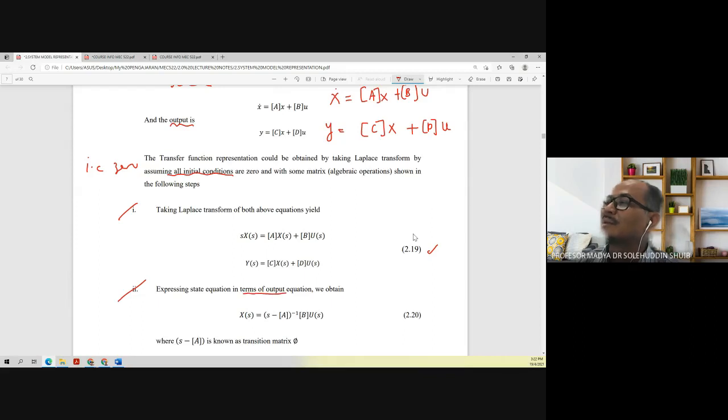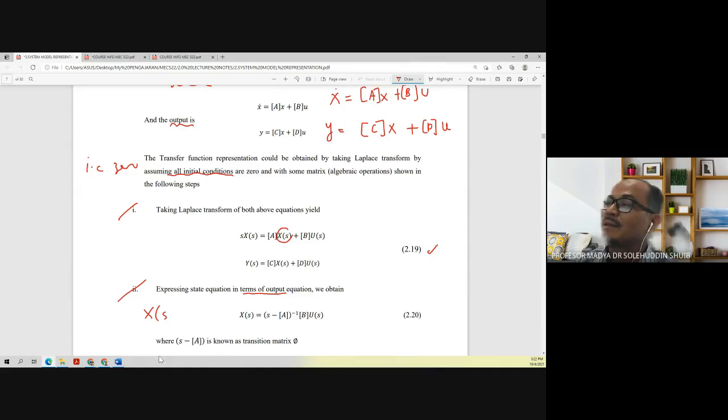So make X(s) the subject, and then you solve: (sI minus A) to the power minus 1, and then B times U(s).